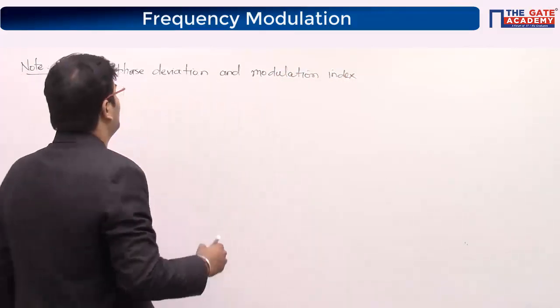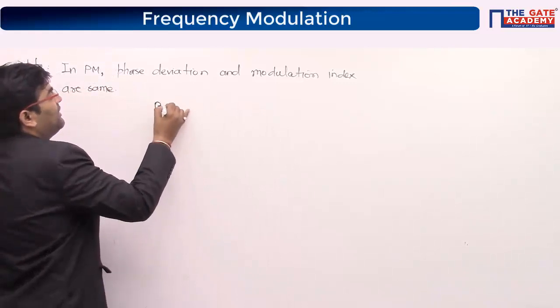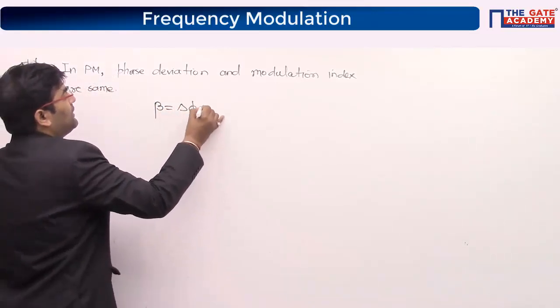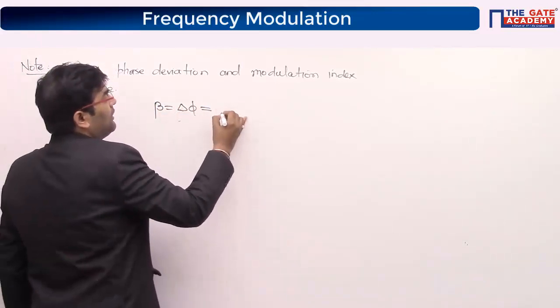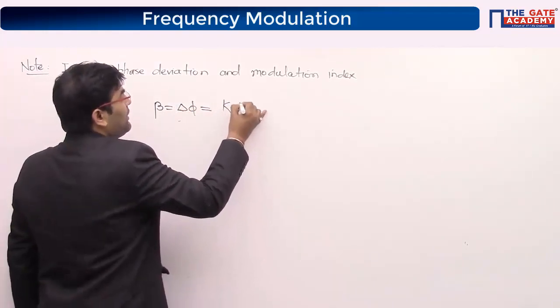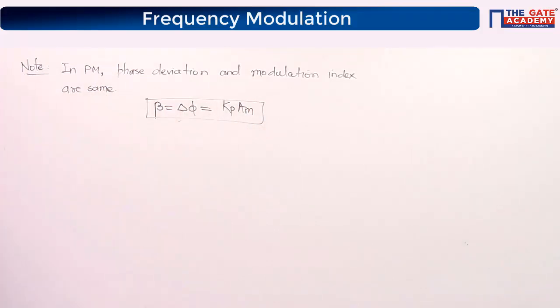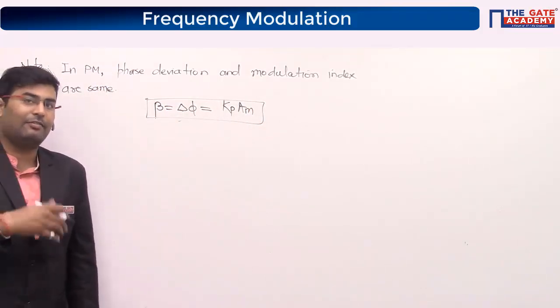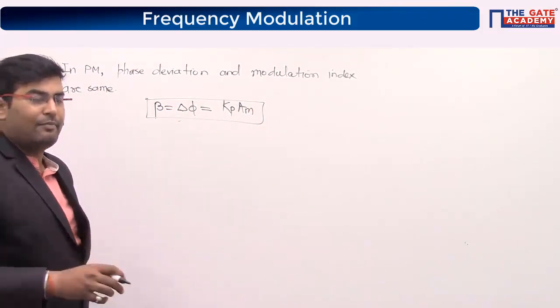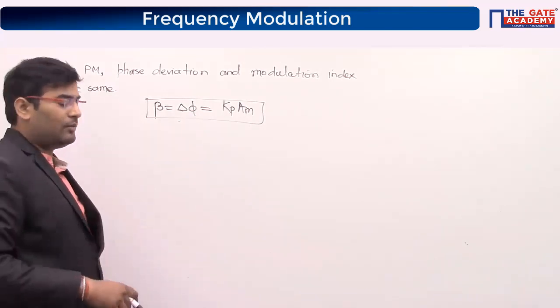And what is that? Beta is equal to delta phi equal to Kp Am. But can I say the same thing in FM? No. In FM, beta and delta f are not equal.